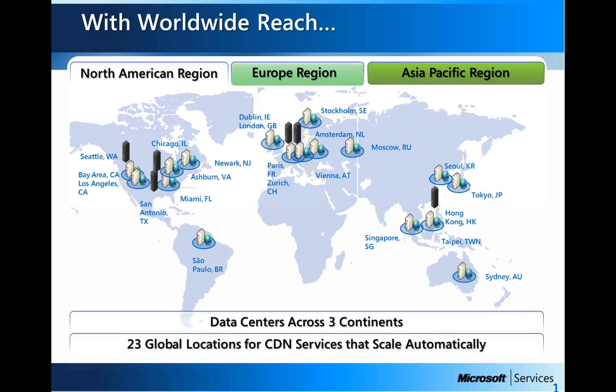Here this slide is only talking about its worldwide reach, about Windows Azure, how it is growing. If you look at this footprint of data centers, you can see it is spanning 3 continents. CDN has 23 locations. CDN is something we use for caching purposes.